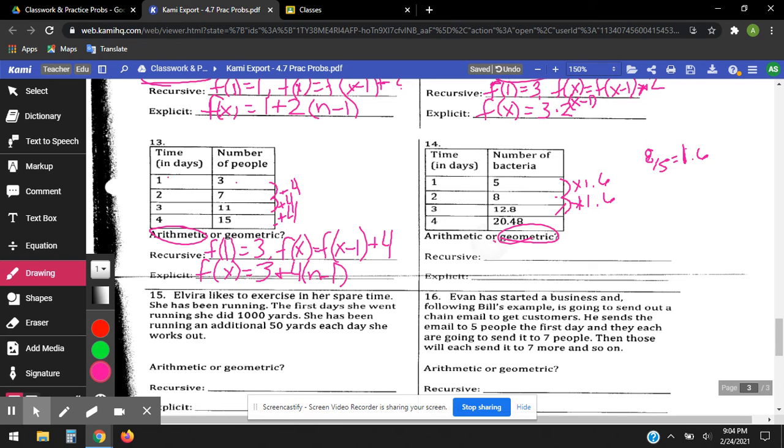So our recursive is f of 1 equals 5, and f of x equals my previous term, f of x minus 1, times 1.6. Explicit, f of x equals my first term of 5 times 1.6 over and over, but I need to take the x minus 1, so that's the exponent.